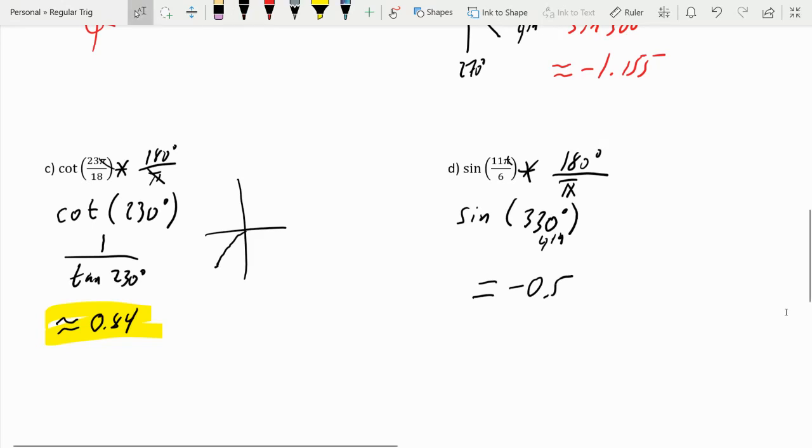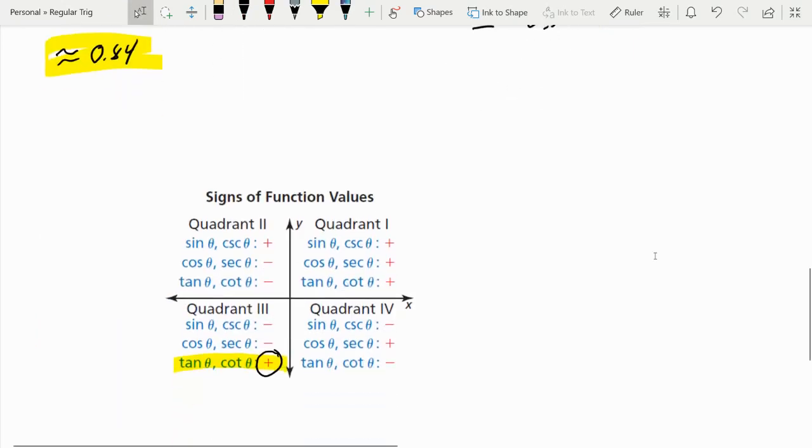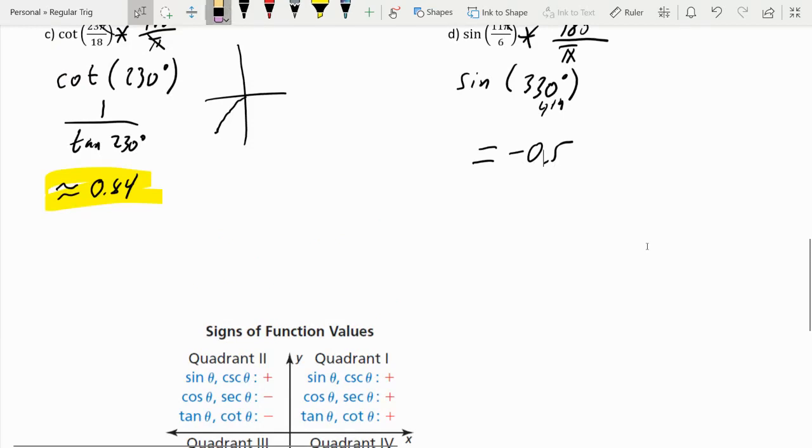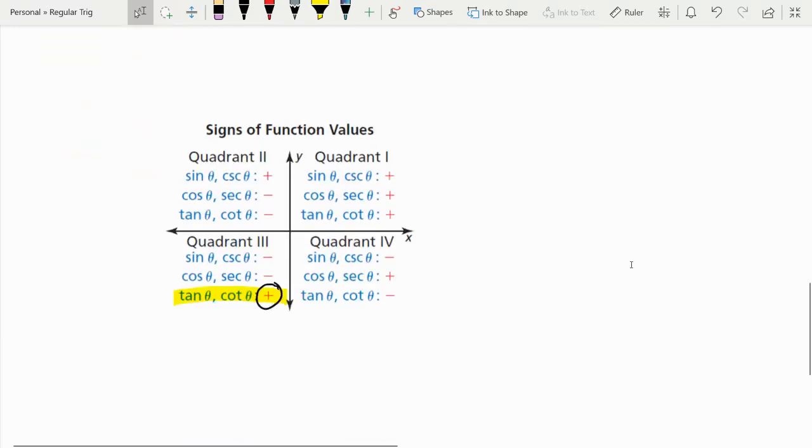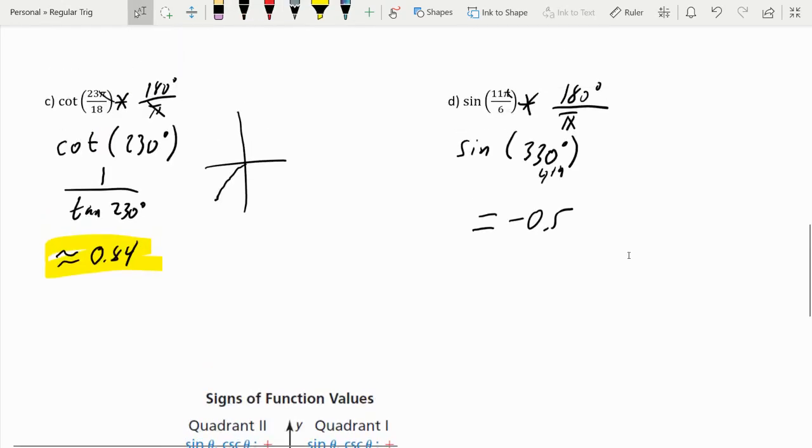If you're trying to figure out why you got a negative, sine in the fourth quadrant, my answer is going to be negative. So we ended up with a negative answer. So there's the reason why we do reference angles.